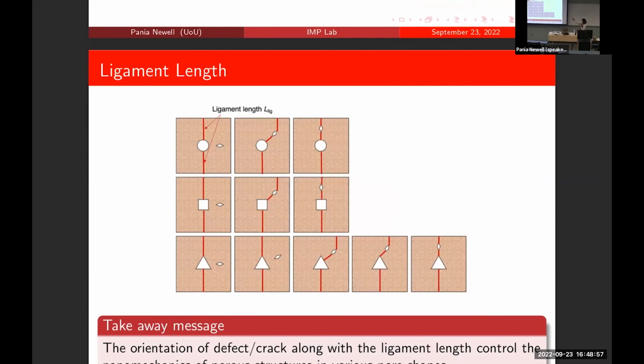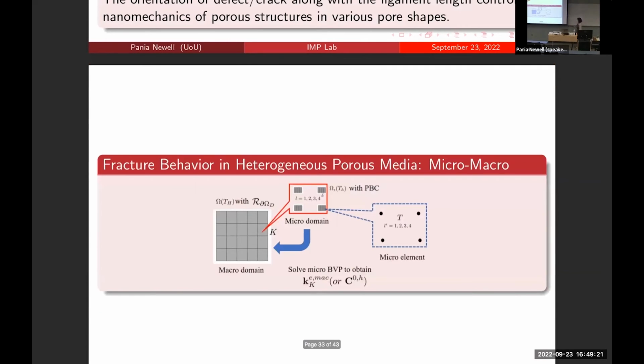And this is going back to the ligament length, showing that the gap is introduced by different orientation. It defines the crack pattern at the nanoscale. So at the macroscopic level, if you run the simulations, most of the time the crack curves towards those defects, but not so much at the micro level.